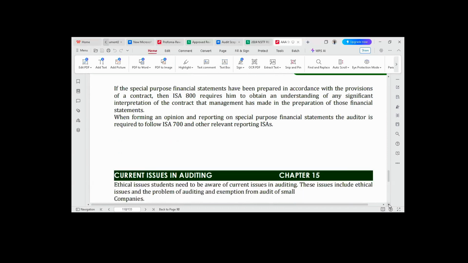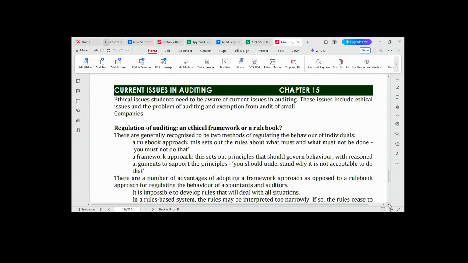Now, what do we mean by current issues in auditing? Auditing, audit and assurance services, is a profession that is always evolving, all right? So every now and then, there are new developments in audit and assurance services. So those are the things we want to look at here now.